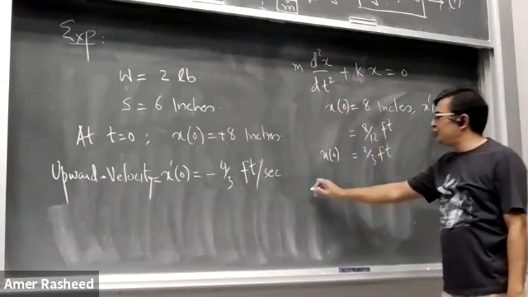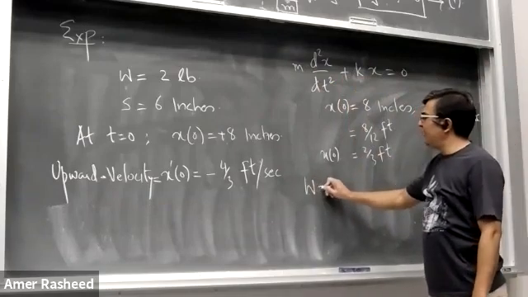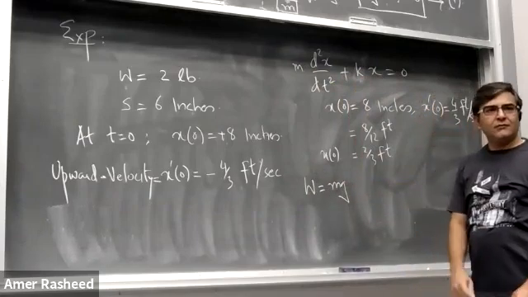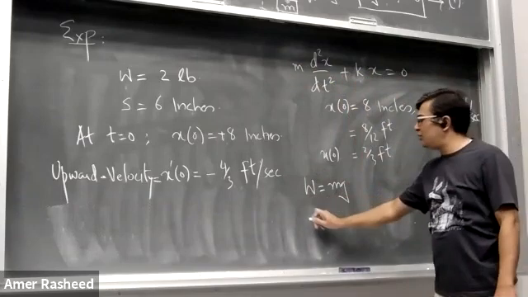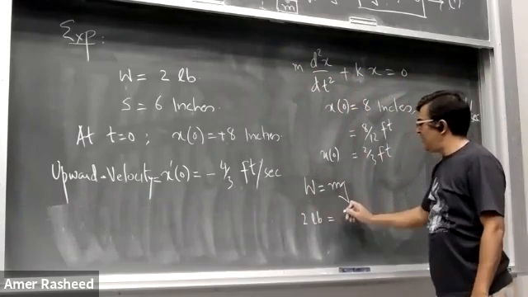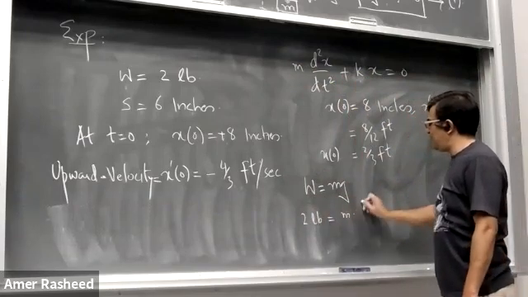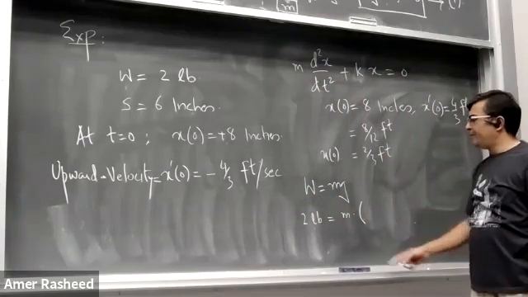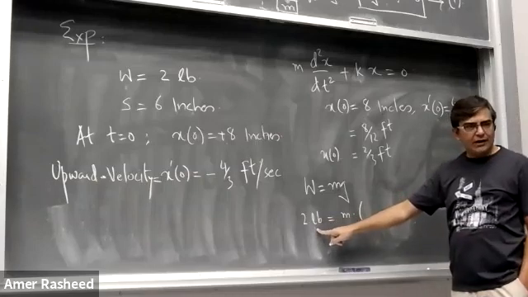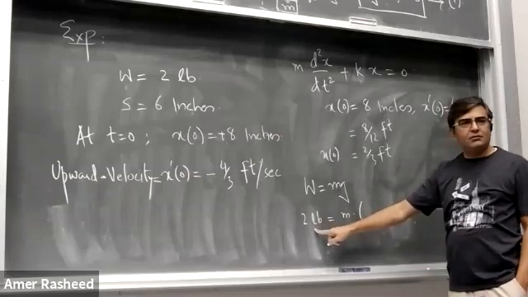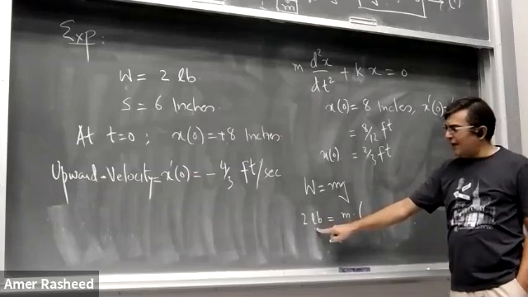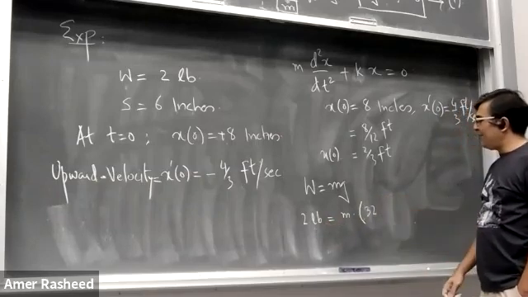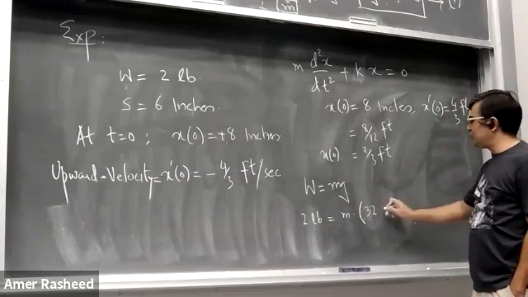For that we know that W is mg, where the weight W is given as 2 pounds. We can compute m and g. The value of g is normally given, and if this is in pounds, it is UK based units. If we take pounds here, then the value of g is 32 something.